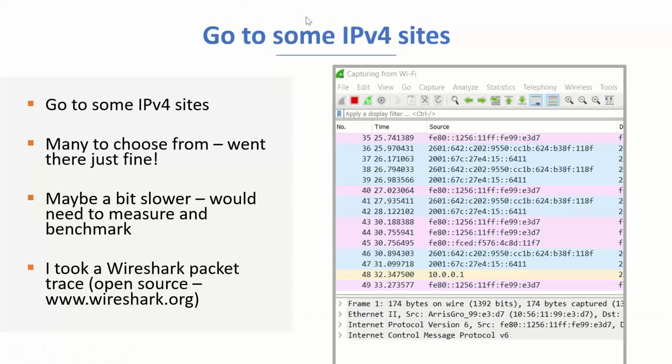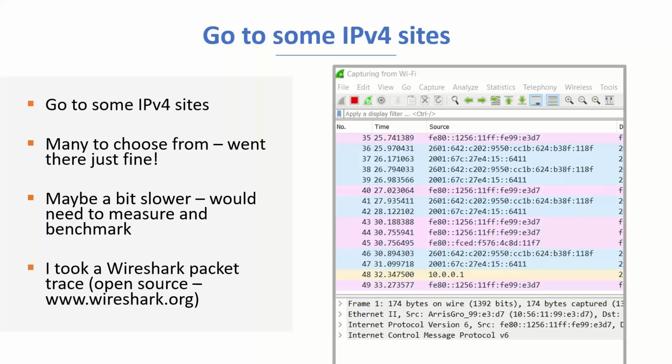So then what I'm going to do is go to some V4 sites. And of course, you can ask, how do I know what's V4 or not? Well, all I did was a ping to a bunch of sites to see if they were coming in V4 only, and tried to do a V6 ping to them.